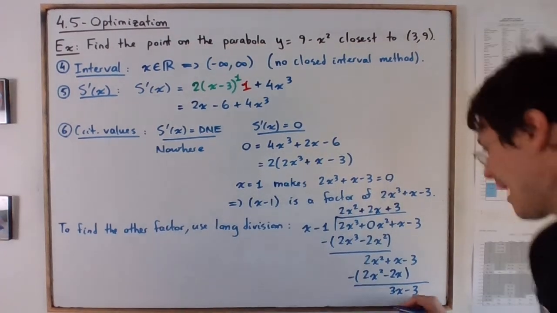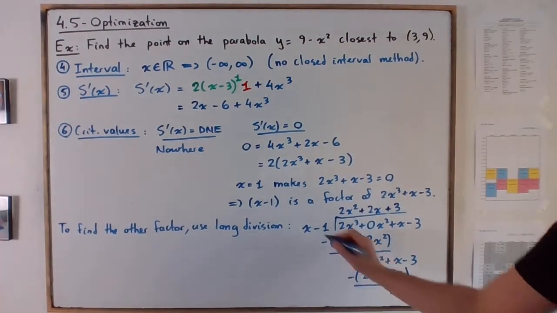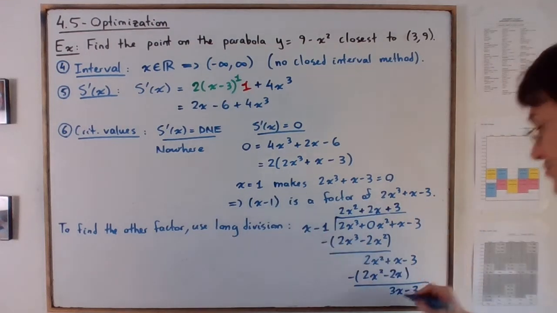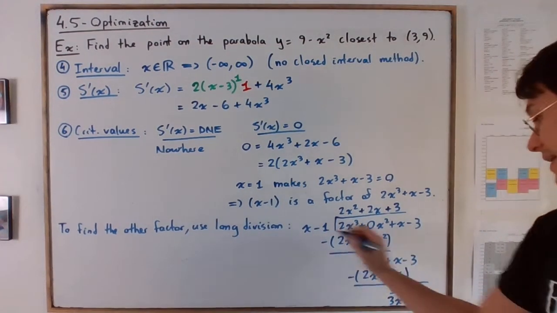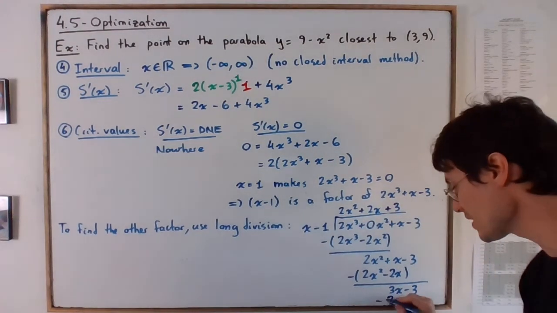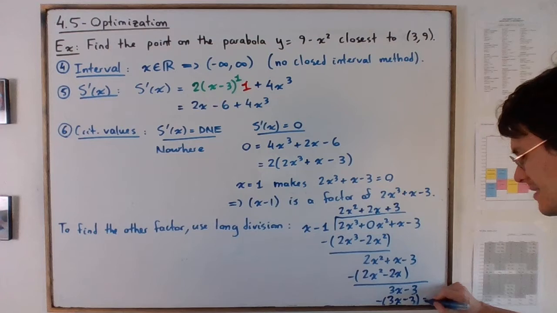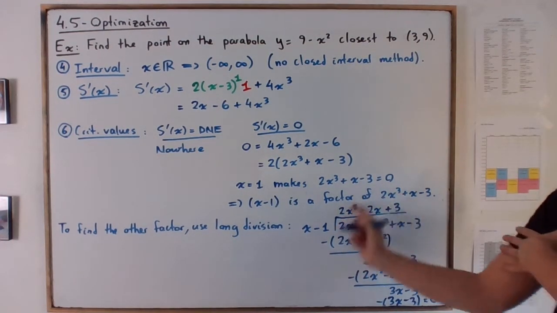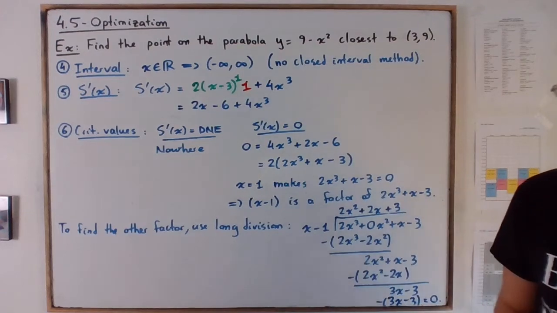So then we're going to have finally 3. x times 3 is going to be 3x, and 1 times 3 is 3. So then we subtract and we get 0, which is expected. So the idea was to find the other factor, the one that's right here.